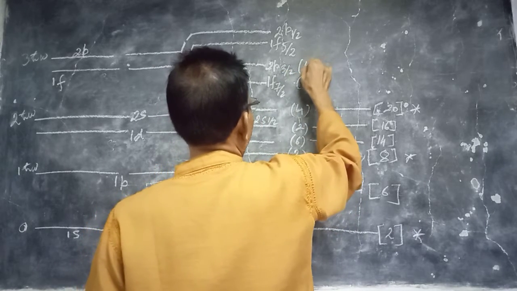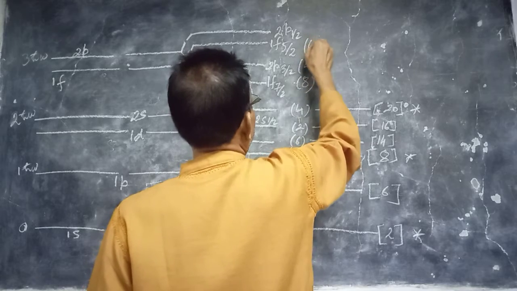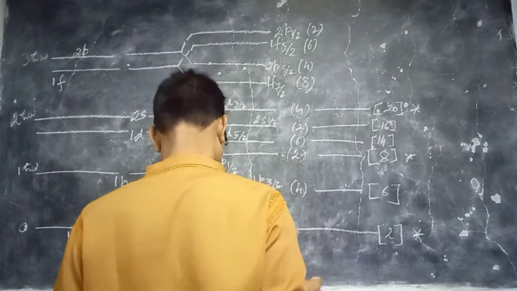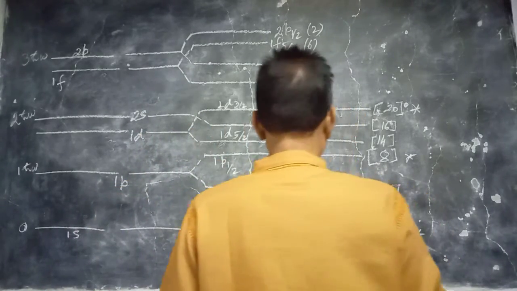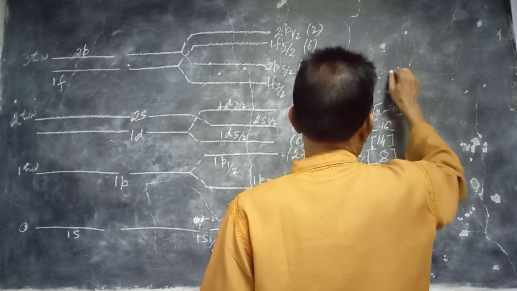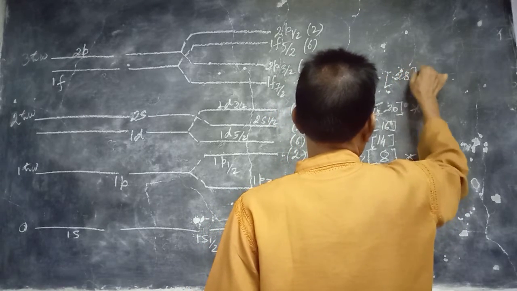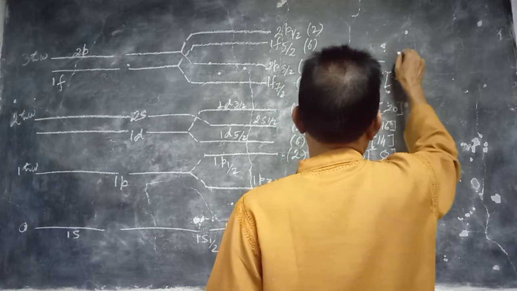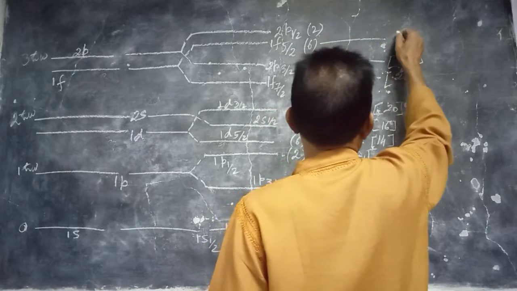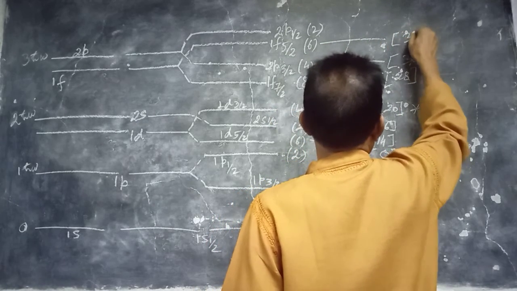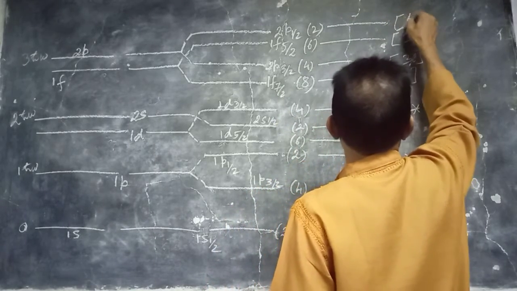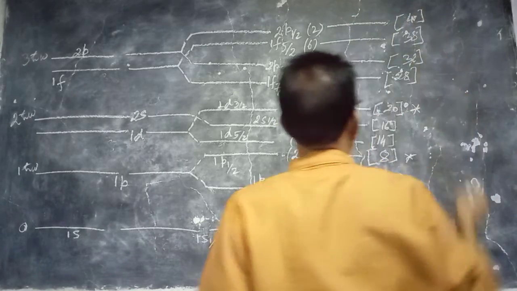Here you get 4, here you get 6, here you get 2. So up to this, first 20 plus 8, 28, cumulative 32, 38, 40.